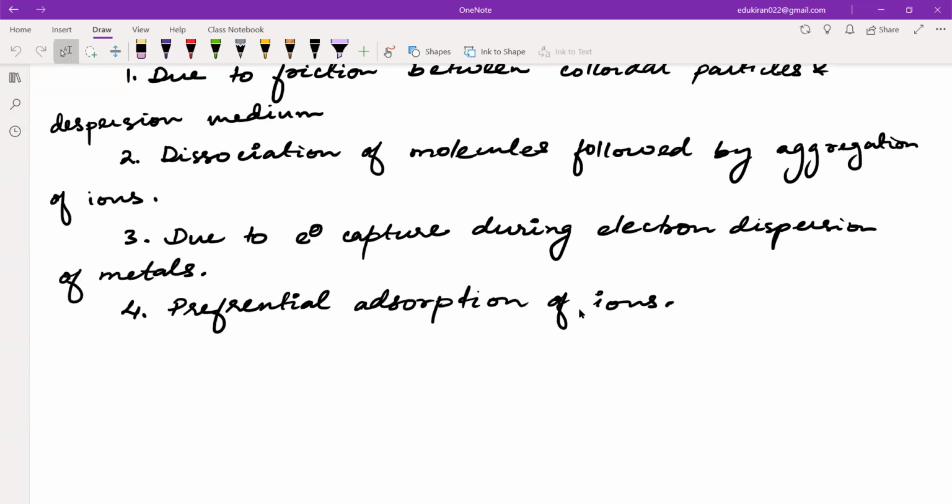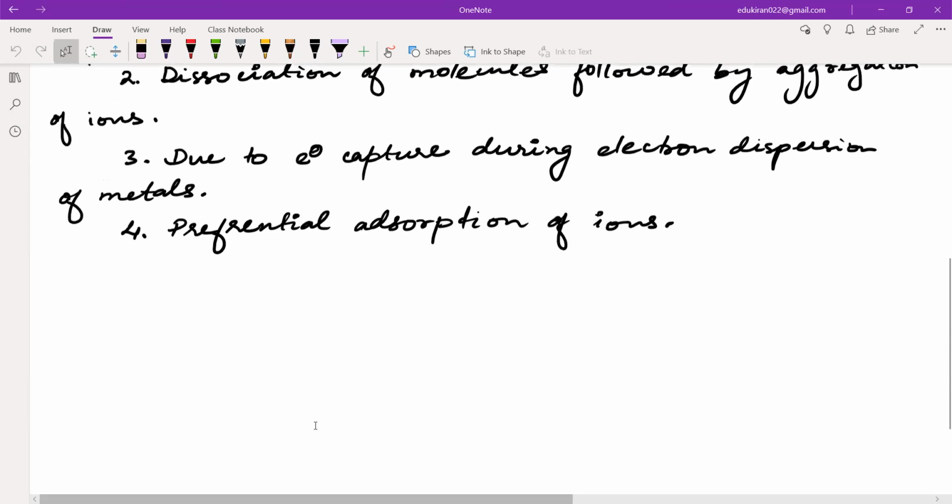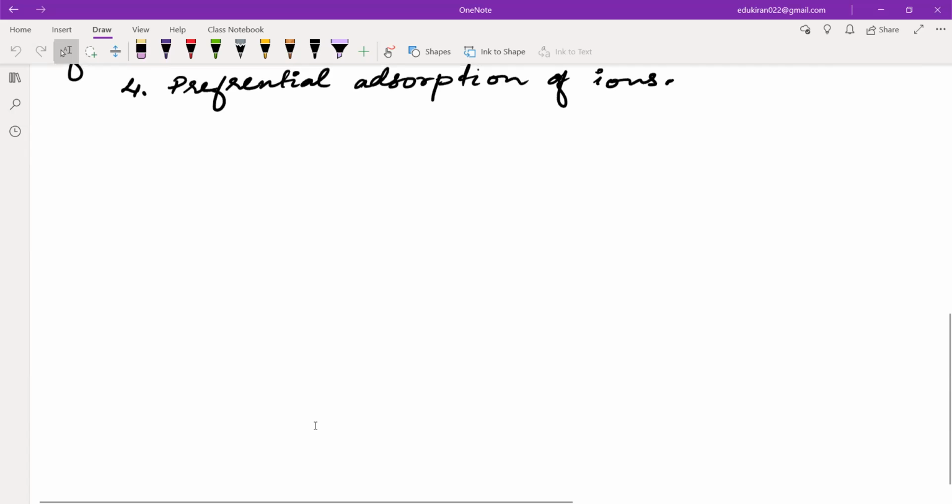This is what we are going to look at in detail. In preferential adsorption of ions, we'll start with an example. Let us take silver nitrate solution and add it to potassium iodide.